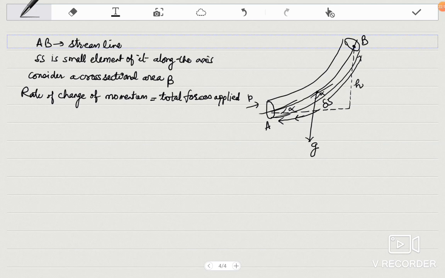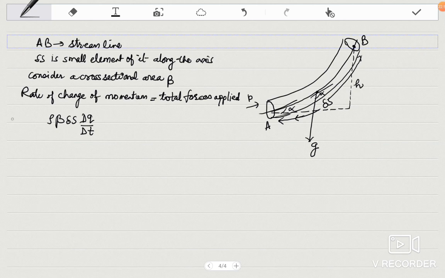You know that in rate of change of momentum, there is the entry of momentum, there is exit of momentum, there is increase of momentum within the volume, and the contribution of all this has been explained to you earlier, which gave you density, cross-sectional area, delta S, so that you can get the volume, and dq dt.